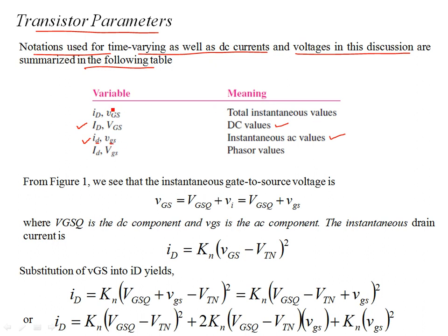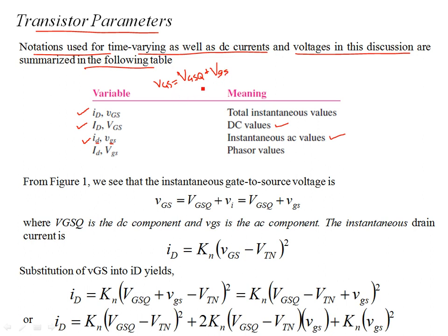However, the total instantaneous values, such as VGS, consist of a DC value, VGSQ, which is the DC source at the gate, and then a small time varying AC signal with it, which is vgs or vi. Same thing.